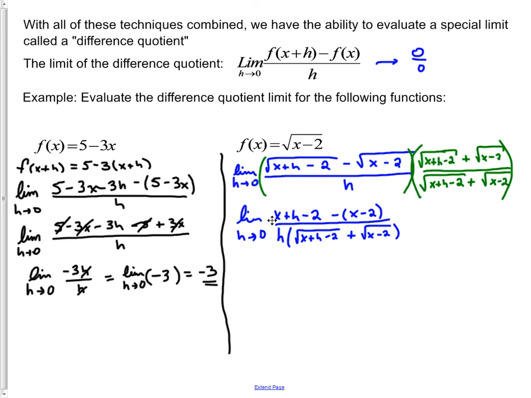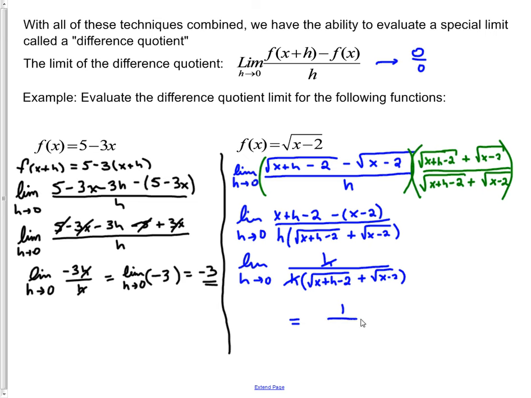We get rid of our like terms in the numerator, and we're going to reduce that numerator now to h divided by h times the square root of x plus h minus 2 plus the square root of x minus 2. Sure enough, we now have a common factor in the numerator and denominator containing h that cancels, and we're now taking the limit as h approaches 0 of 1 over the square root of x plus h minus 2 plus the square root of x minus 2.